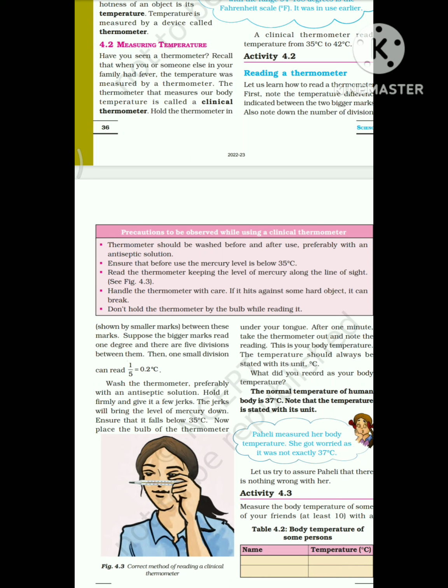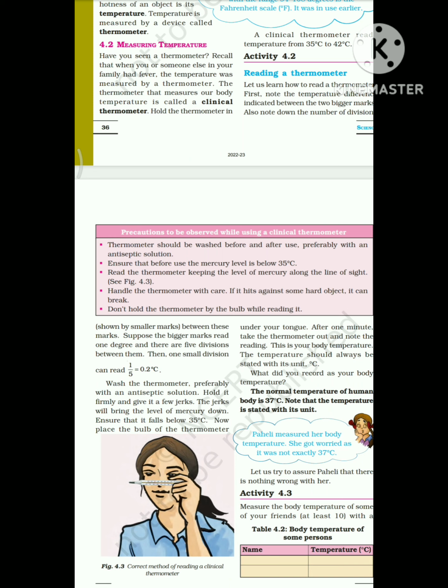Ensure that the mercury level is below 35 degrees before use, because if it is above 35 degrees, it will give the wrong reading. And then read the thermometer keeping the level of mercury along the line of sight. Then handle the thermometer with care. If it hits against some hard object, it can break because it is made of glass.